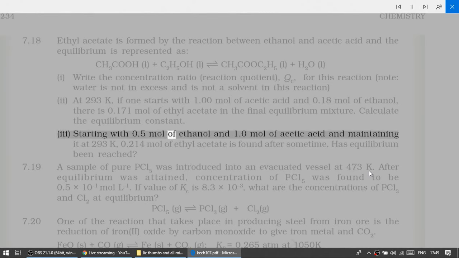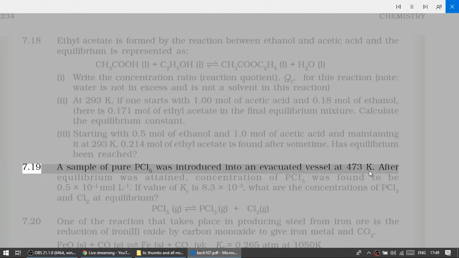Starting with 0.5 mol of ethanol and 1.0 mol of acetic acid and maintaining it at 293 K, 0.214 mol of ethyl acetate is found after some time. Has equilibrium been reached?